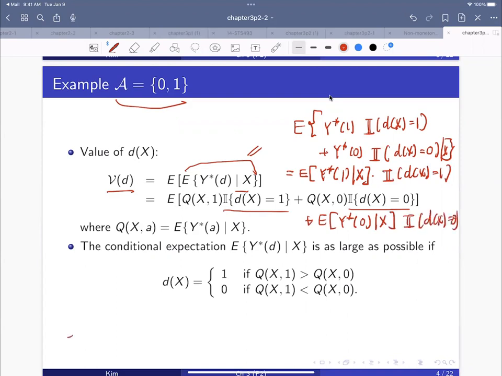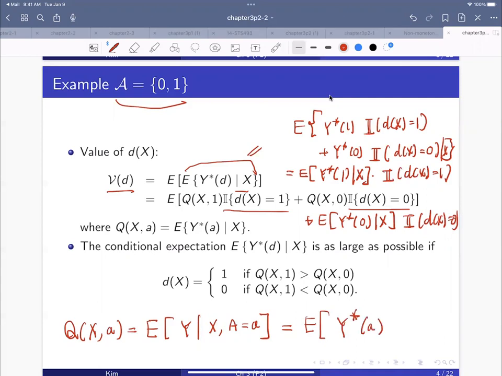So Q(x, a) is the expected value of Y. It has two properties. One is this, but you can also write it as the other.